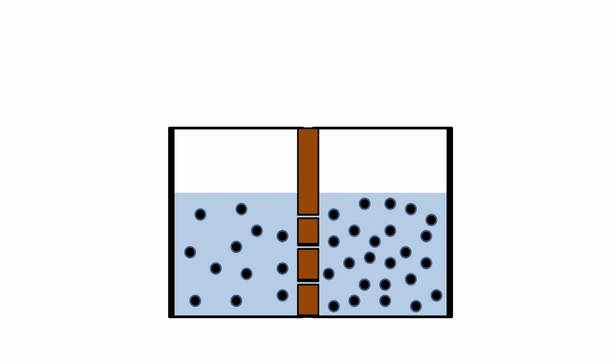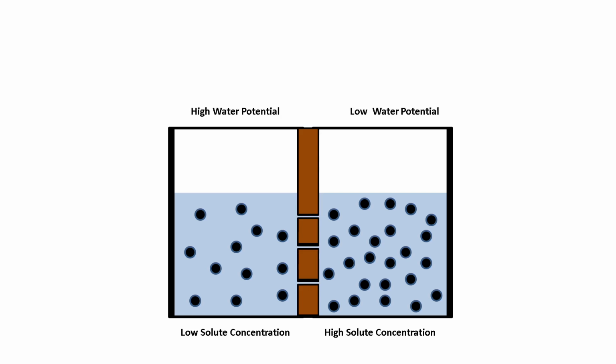Now, in this example, we can see that there is a greater number of solutes on the right side. As a result of this, there is less water potential on the right side as compared with the left side. This difference in the water potential causes osmosis to occur, because we know that water from higher potential will always flow towards the lower potential.